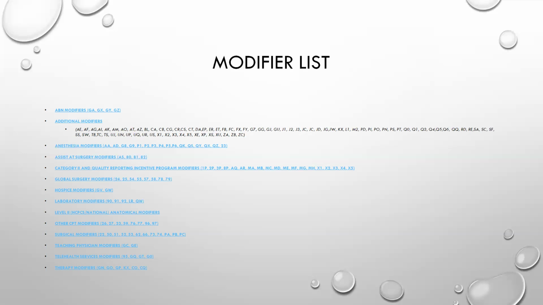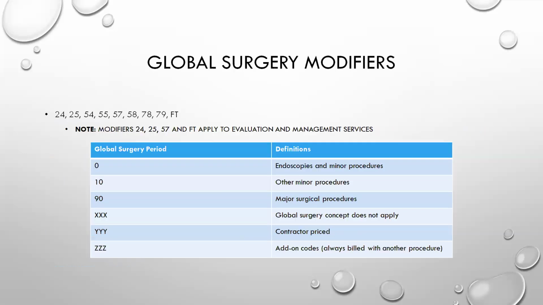So like anesthesia, or if you're coding cardiology, vessel modifiers are typically only going to be used in the cardiology specialty, whereas evaluation and management services are typically used across all specialties.